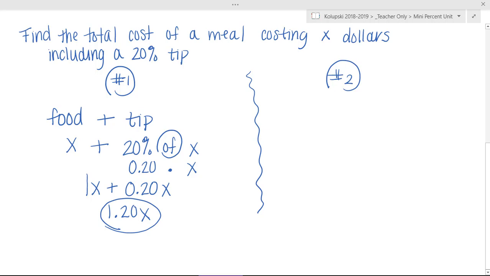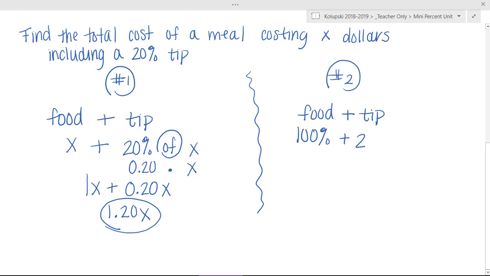Now, we know that it's going to be more than 100% because it's the food plus the tip. This is everything, and we're adding something on to it. That's how we're going to solve it the second way. So again, I'm buying food, but I'm also adding on the tip. When you buy food, you have to pay 100% of the bill. You don't get the luxury of saying, today I only want to pay 50%. You have to pay the 100% that is on that bill.